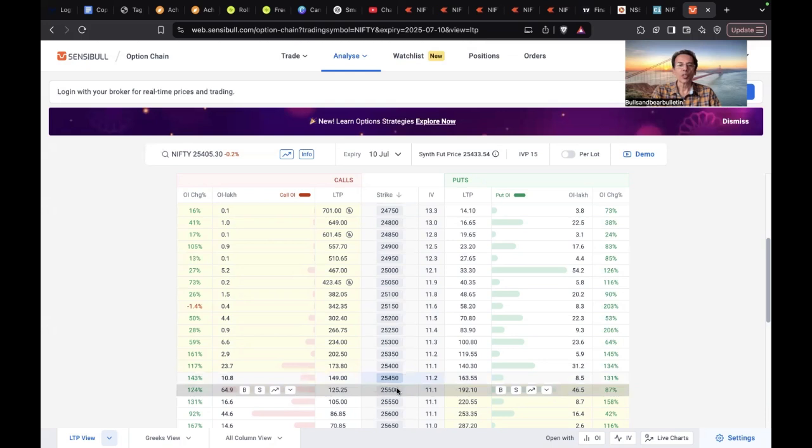And if you go towards 25,500, it has more call open interest, at 64.9 lakh versus 46.5 lakh put open interest, which suggests there is going to be resistance at this level. If you come down at the same time to 25,300, you can see more put open interest at 23.6 lakh versus 6.6 lakh call open interest, which suggests there's going to be good support at this level.